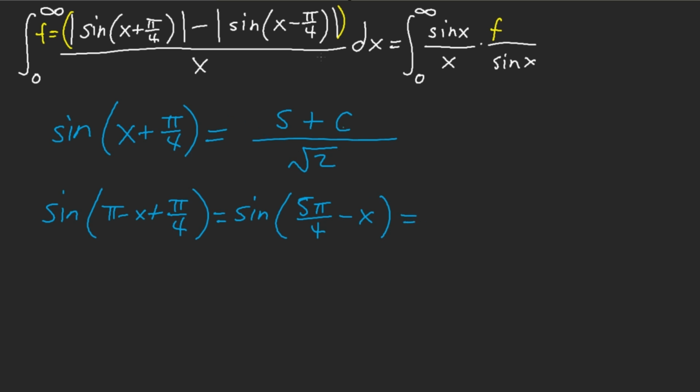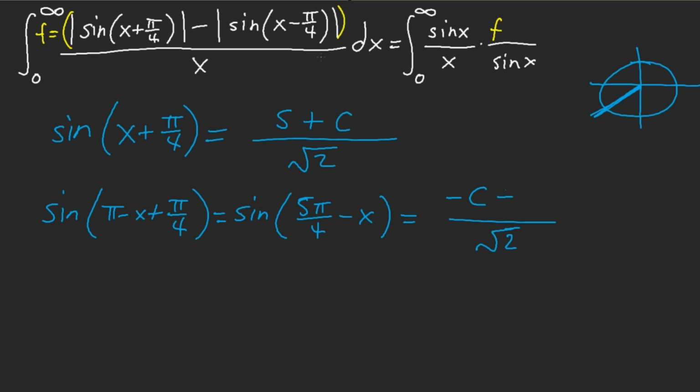So now let's do the sine law again. Of course, we're going to have the square root of 2 at the bottom. But where's 5 pi over 4? It's here. So when we compute sine 5 pi over 4, it's going to be negative. So negative, and then minus cosine, and cosine of this is also negative.